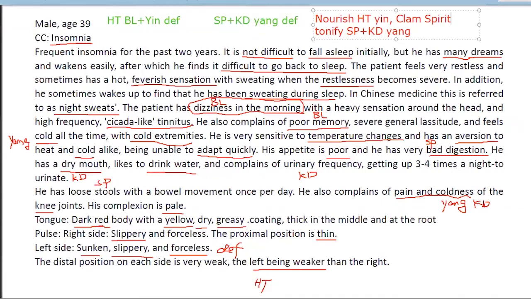So book case, this point prescription is pretty similar to yours. I just put it here.